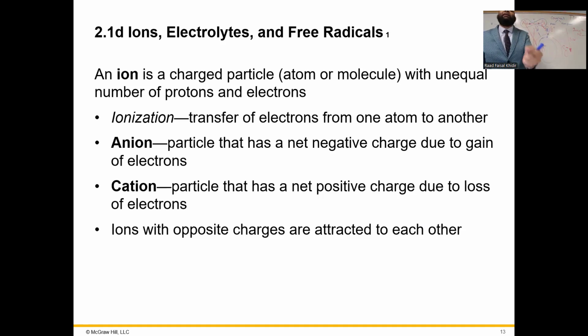Each one is giving one. But here, chloride didn't give sodium anything. Sodium lost an electron to chloride. If you lose an electron, you become positive, a cation, like sodium. But if you gain an electron, that makes you an anion.